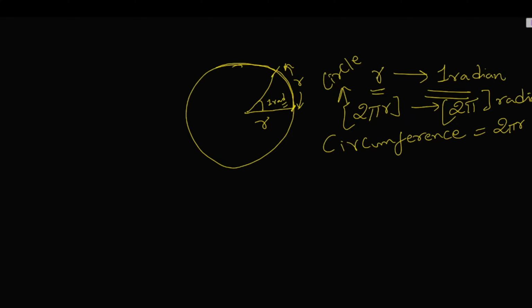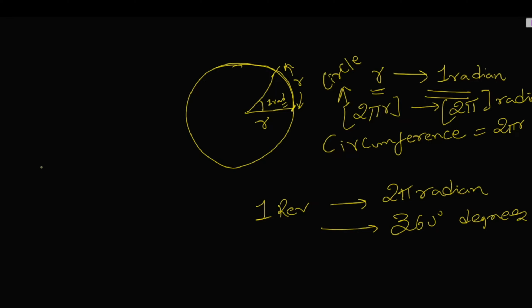I've just multiplied it by 2 pi on both sides. So if I multiply by 2 pi, this becomes a complete circle, and this becomes 2 pi radians. Because the complete revolution of a circle corresponds to 2 pi radians, and we know previously that this also equals 360 degrees.